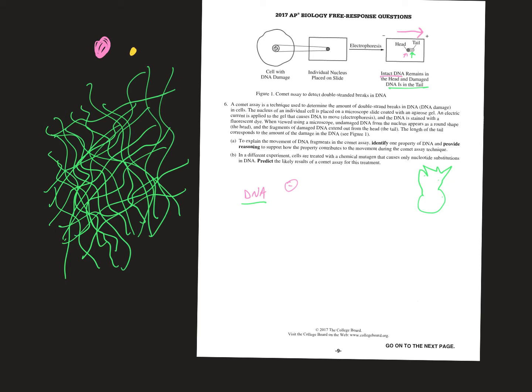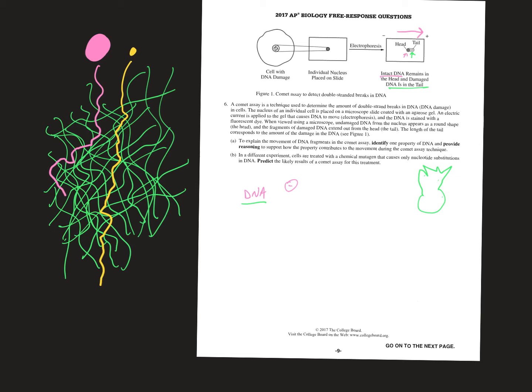This fragment, if this is a big ball of DNA, right? This is a big ball of DNA. It's going to go through this maze slower. It's going to go through this maze a lot slower, as it has to choose spaces that are fairly large, where the smaller DNA can move much quicker through the pores in a much more direct route.